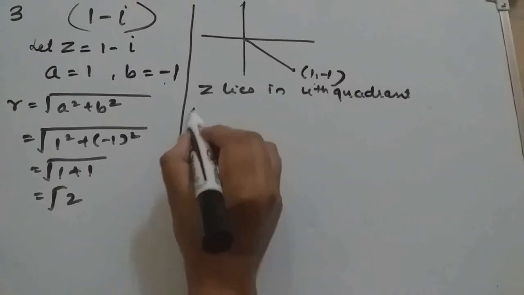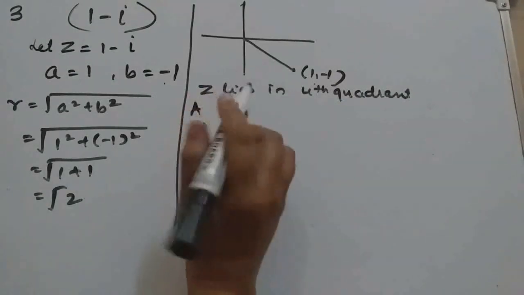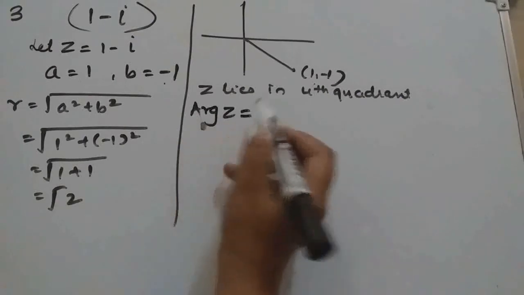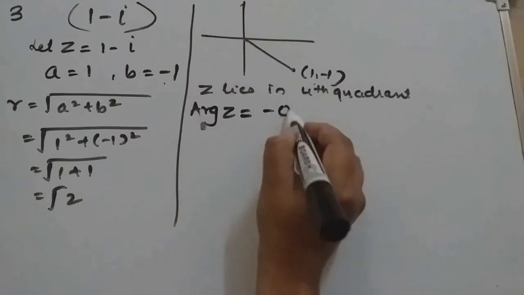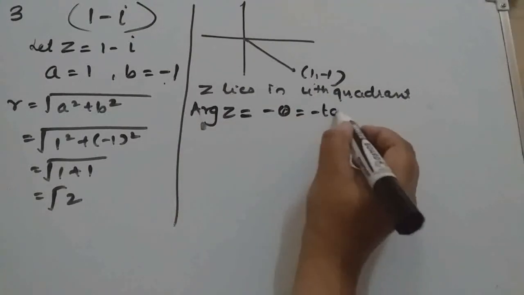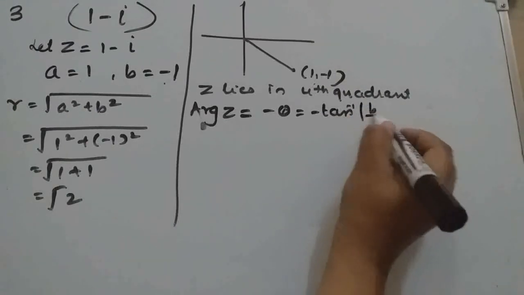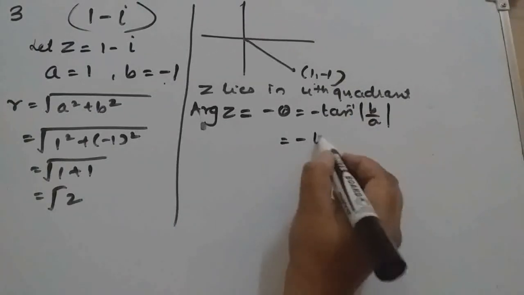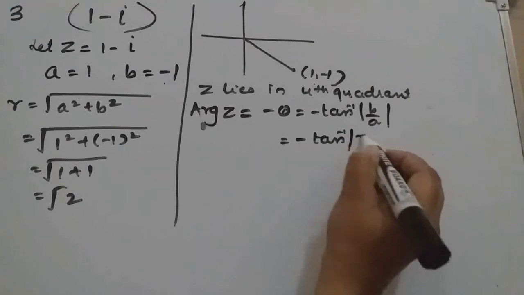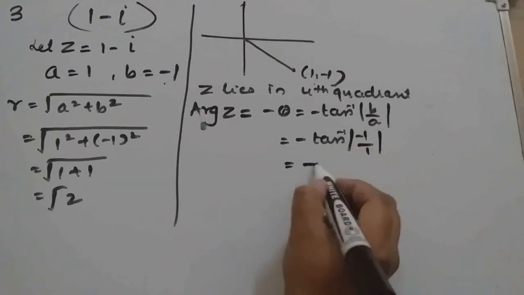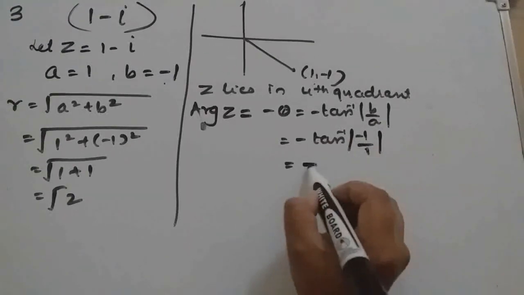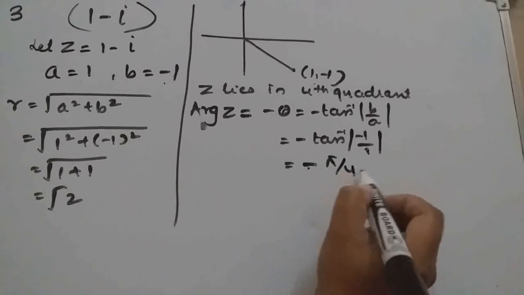So in the fourth quadrant, argument of z is what? Minus theta, isn't it? Minus theta means minus tan inverse mod b by a. So b is -1 by 1. So tan inverse 1 means pi by 4, and already minus is there, so minus pi by 4.